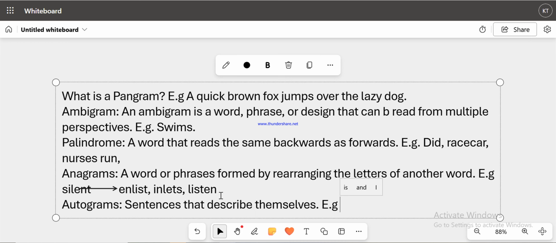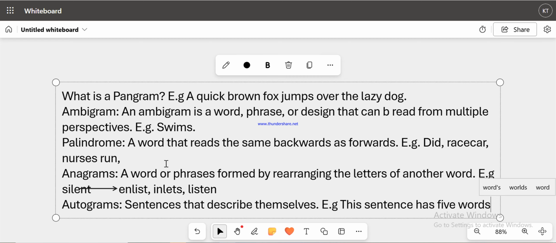In other words, they are self-explanatory sentences. When you read the sentence, you don't need any aid to understand what it represents or the message it conveys. A good example is this: this sentence has 5 words.